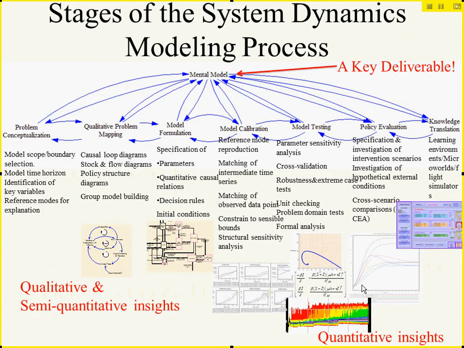Okay, so I talked about stages of the modeling process before, and I've thrown up some here which relate to system dynamics. We talked about the stages of the modeling process occurring in an iterative way. System dynamics puts a tremendous amount of attention on this top one, the mental model.